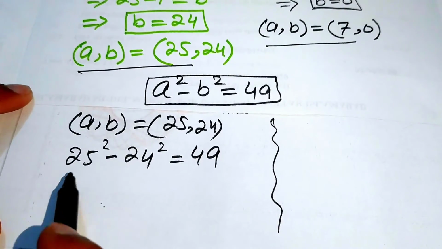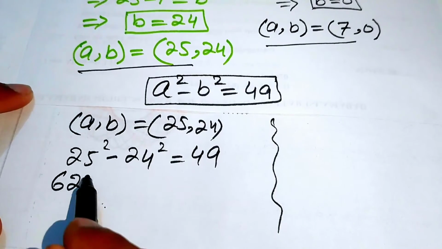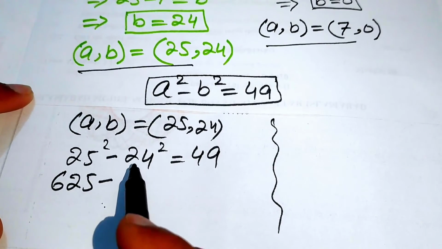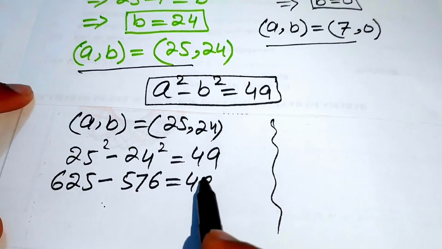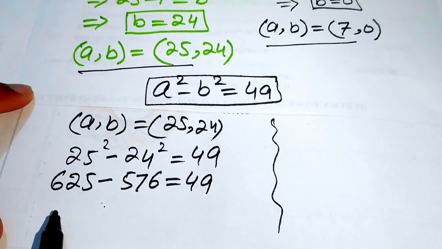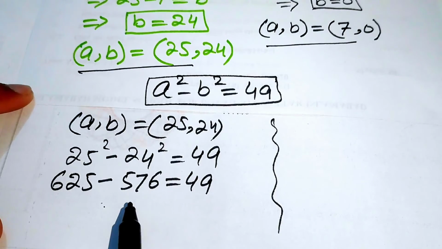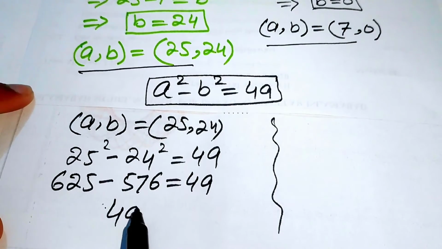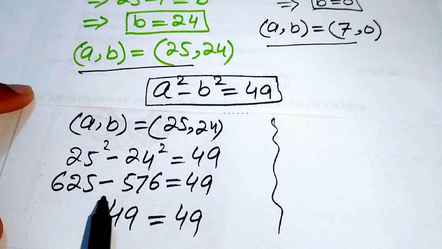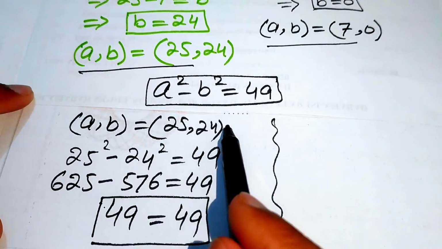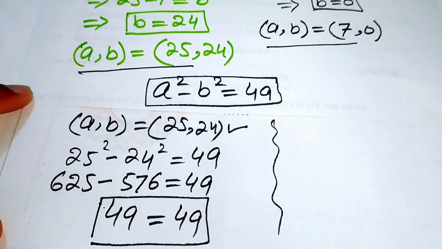And here you see that 25 square becomes 625, and 24 square equals 576, and this whole expression equals 49. So 625 minus 576 equals 49, and this 49 equals 49. So this shows that this solution satisfies our given question statement.